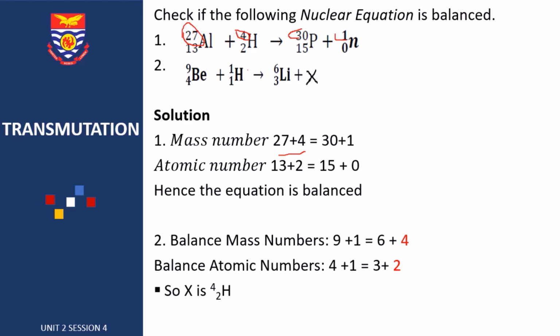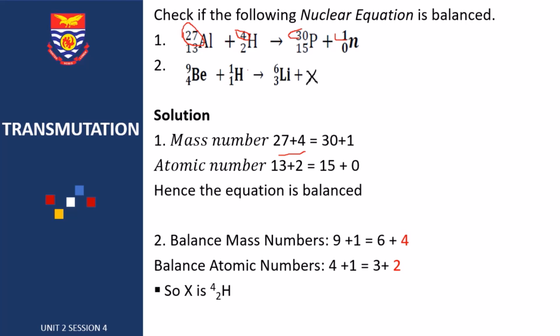So we need to bring in a particle that will balance the mass, and for that we need the helium atom, more or less an alpha particle. The alpha particle has a mass of 4, so that 4 plus the 6 of the lithium will give you 10, which will balance the masses on the left and the right.